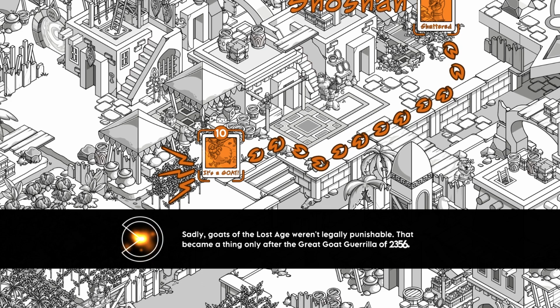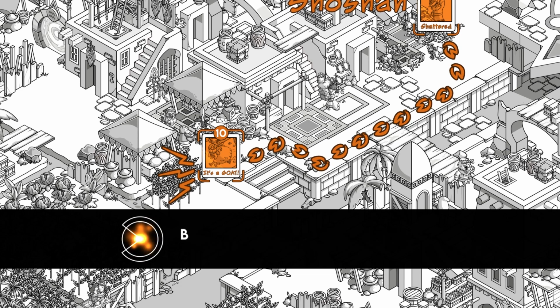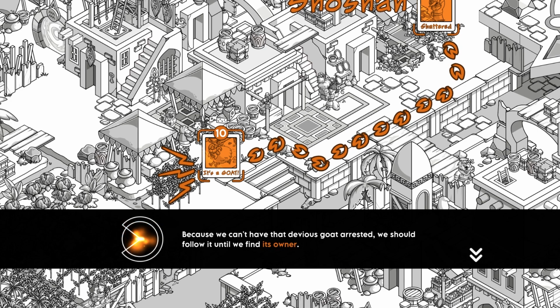Sadly, goats of the Lost Age weren't legally punishable. That became a thing only after the Great Goat Gorilla of 2356. Because we can't have that devious goat arrested, we should follow it until we find its owner.